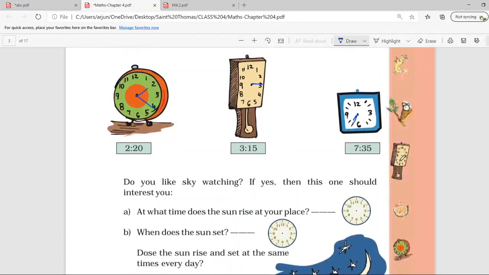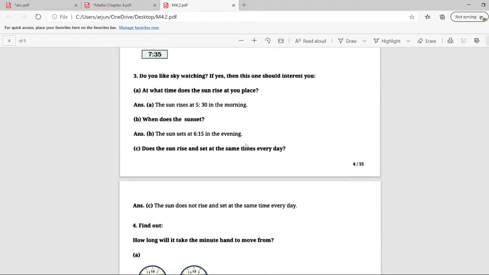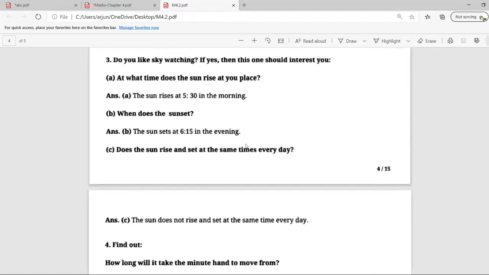Do you like sky watching? If yes, then this one should interest you. This is the PDF I have shared also. So answering question 3A, at what time does the sun rise at your place? The sun rises at 5:30 in the morning.